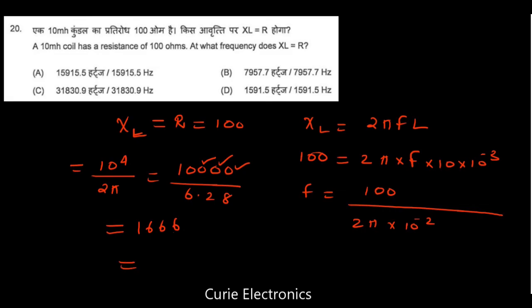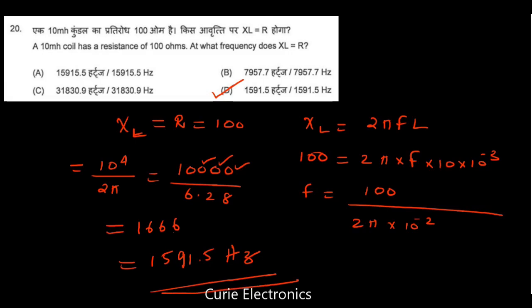So if I want to write it, it is going to be 1666, lesser than this because 0.28 is there. So I will see whether any nearest value to 1600 is there. The answer is option D. It is going to be 1591.5 Hertz.